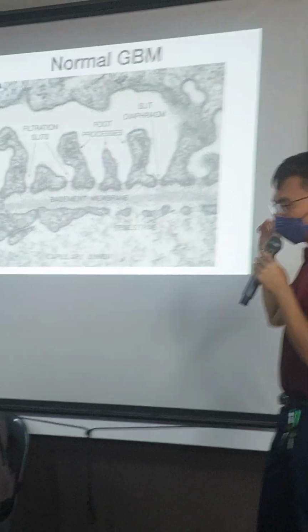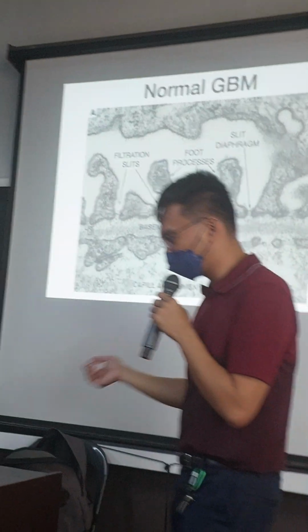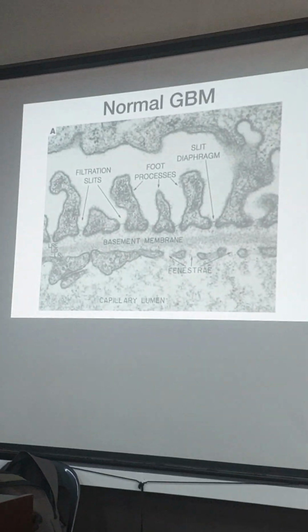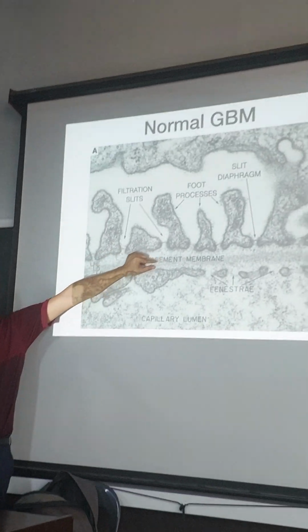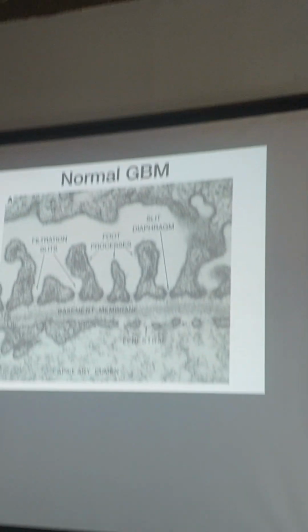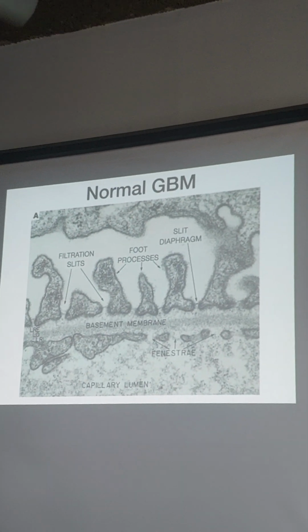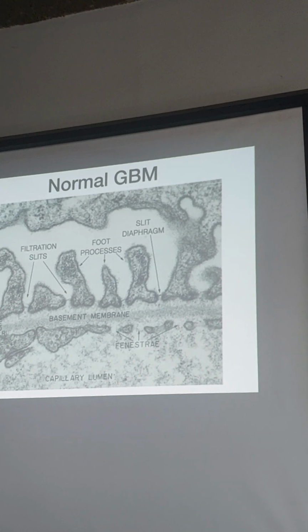In actuality, the GBM is divided into 3 layers. There are 3 layers. In the middle is this very dark layer. You see this dark band? That's called the lamina densa. And it's sandwiched between 2 light areas.